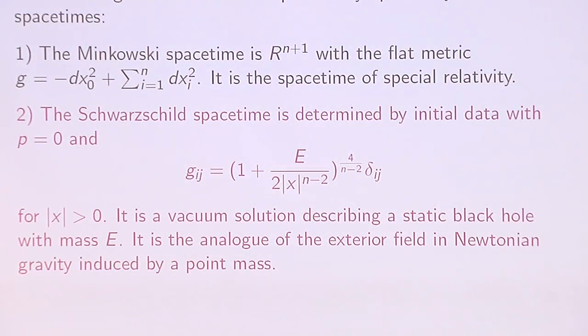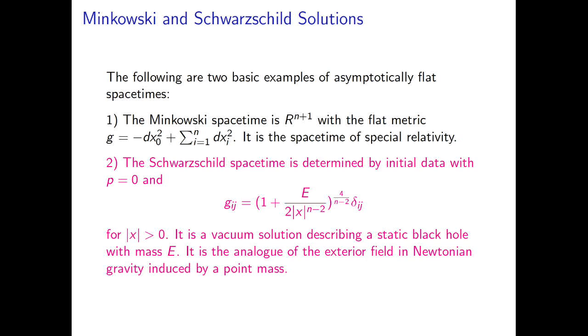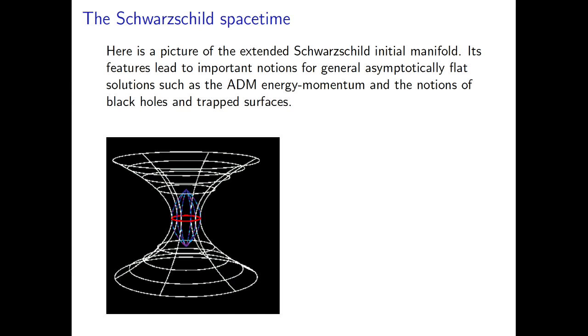And so those are the constraint equations in this case. So it satisfies the vacuum constraint equation. In fact, it generates a static solution of the Einstein equations. And so it's a static black hole or the exterior of a static star in relativity. And you can think of it as being analogous to the exterior field for a point mass in Newtonian gravity. It plays an important role in many aspects of relativity.